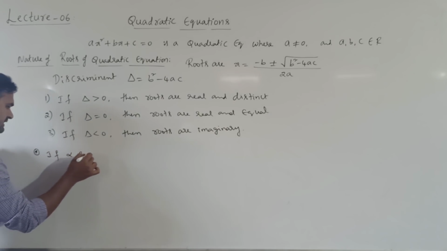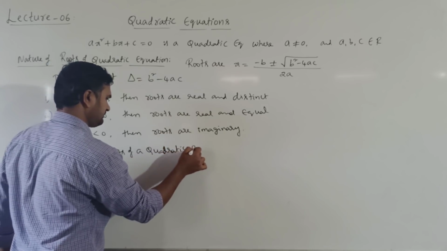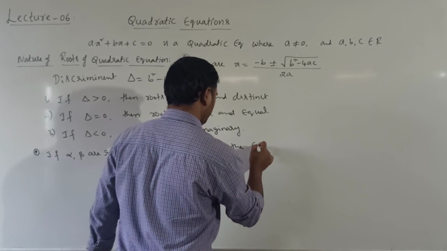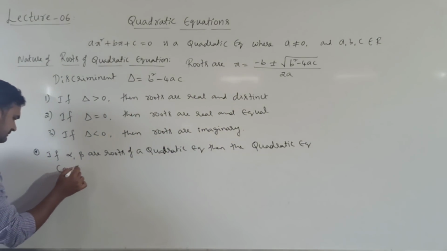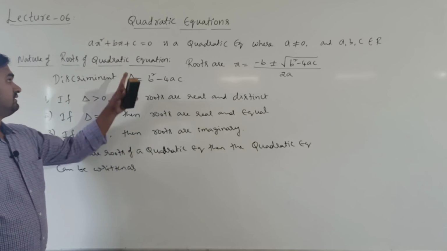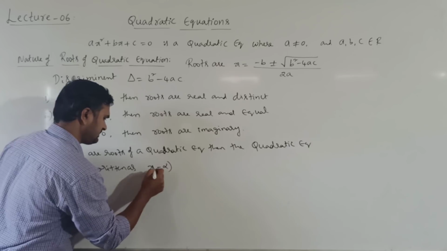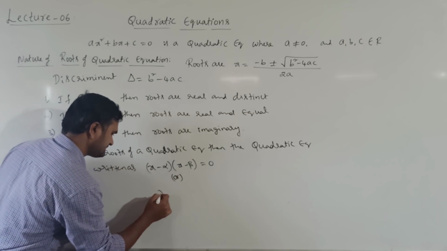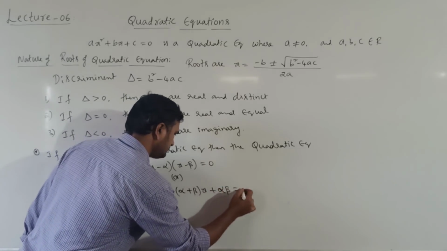If alpha, beta are roots of a quadratic equation, then the quadratic equation can be written as x minus alpha into x minus beta is equal to 0, or it is also written as x square minus alpha plus beta into x plus alpha into beta is equal to 0.